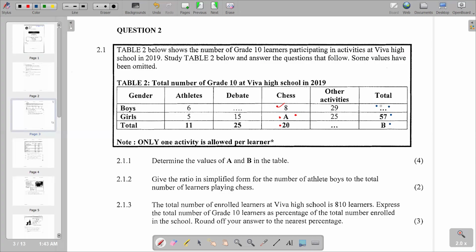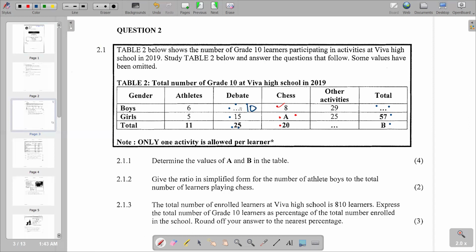So to get the debate figure, we say 25 minus 15, and you get 10. Remember, this figure plus this figure doesn't give you the total figure.